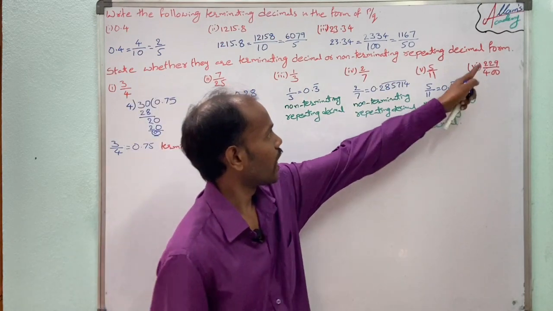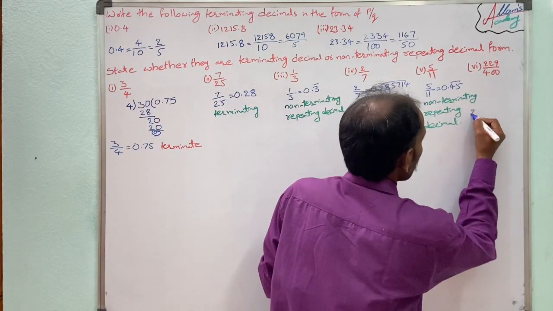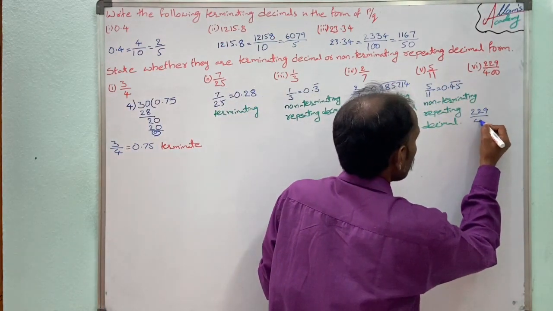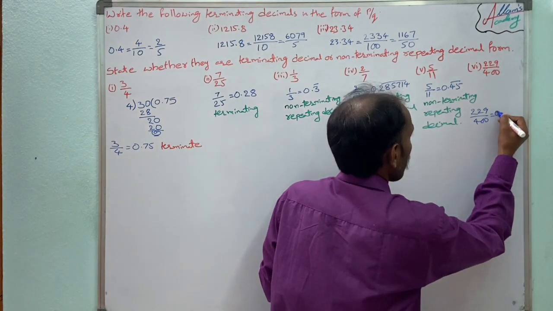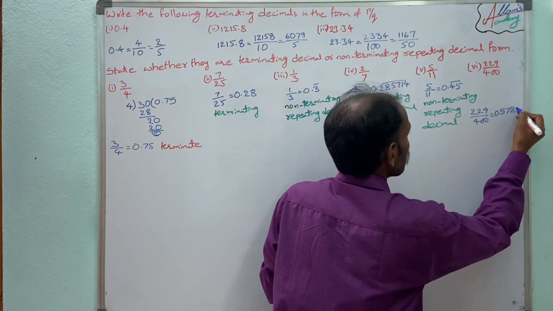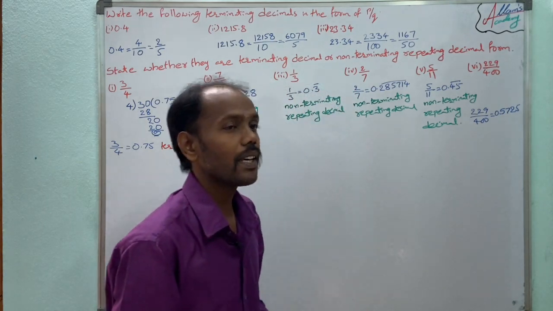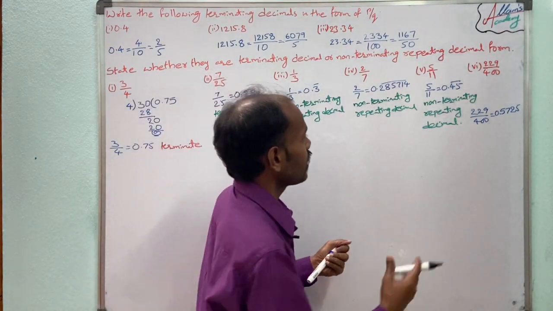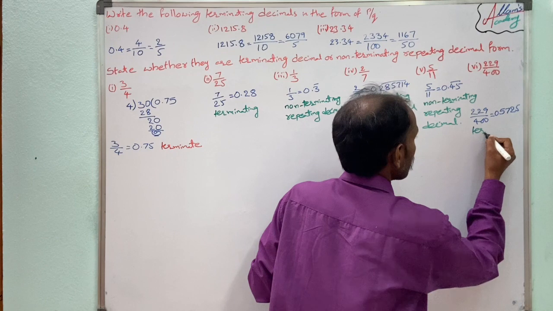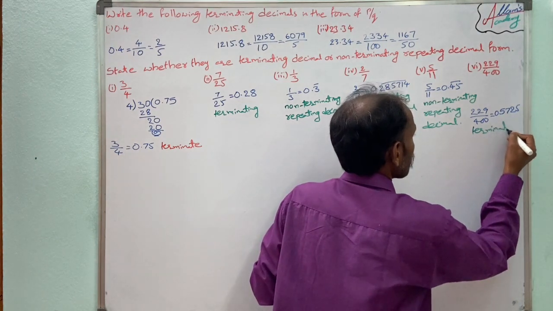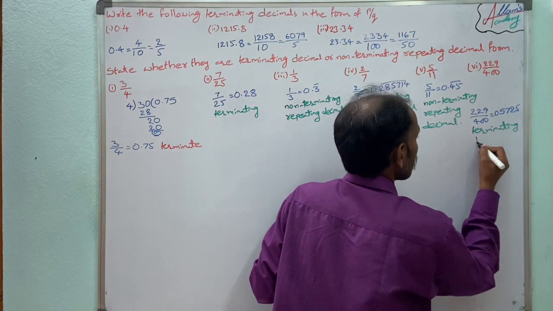Now if we find 229 by 400, it comes to 0.5725. So it will end. So we will say it is a terminating decimal.